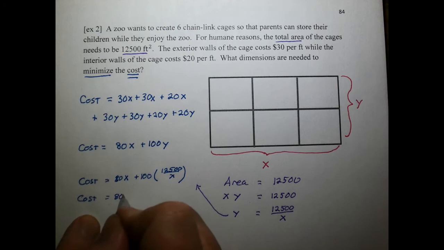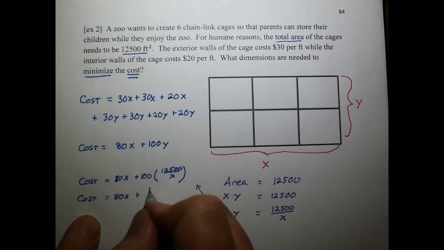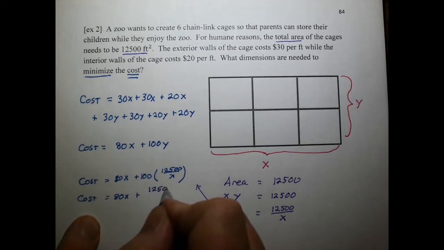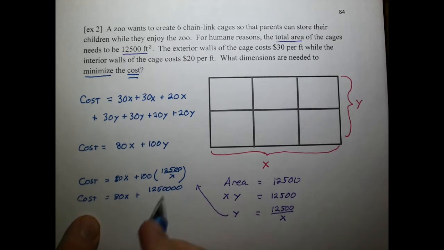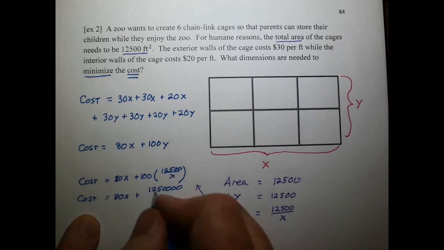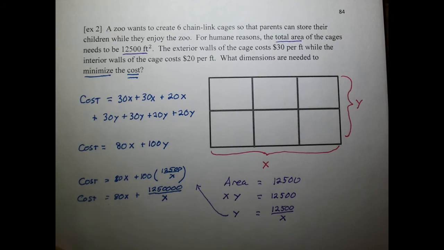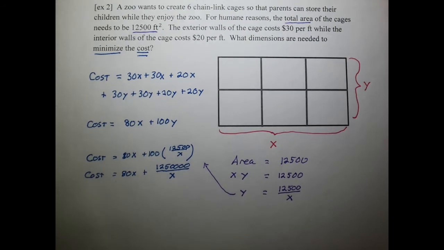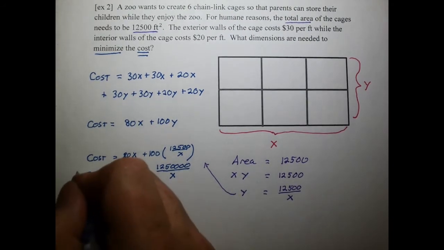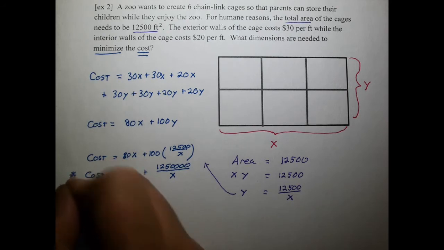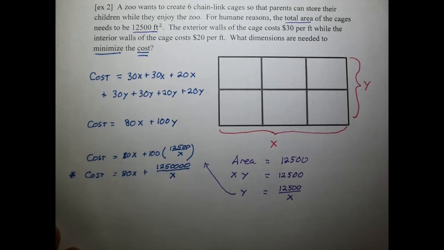So this will be 80x plus this 1,250,000 divided by x. And so now we have our cost function with one variable.